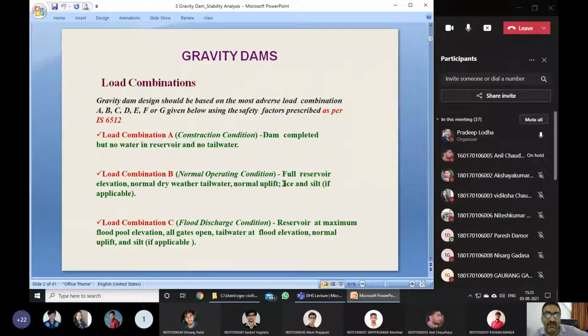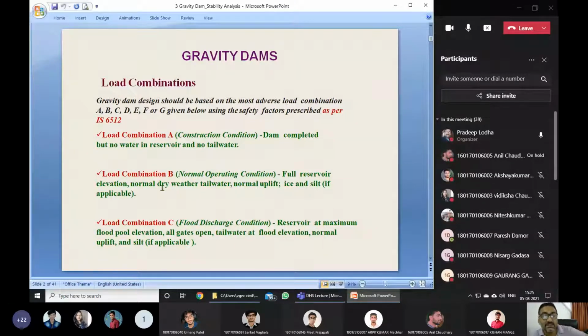Whatever drainage system we have, drainage galleries or drains constructed into or through the dam wall, they are all operational, and ice and silt we apply as per the condition of the geography. So this is load combination B, and we calculate the loads and the stresses based on this normal operating condition.